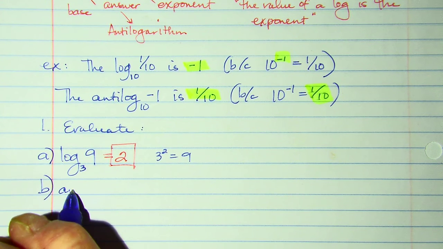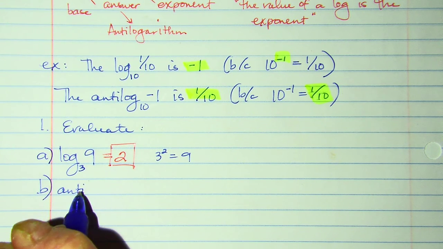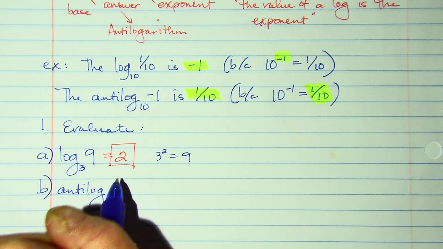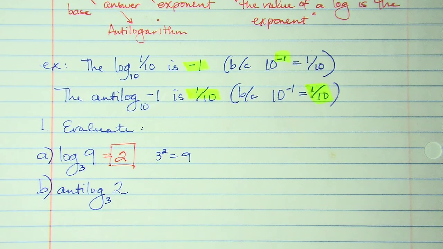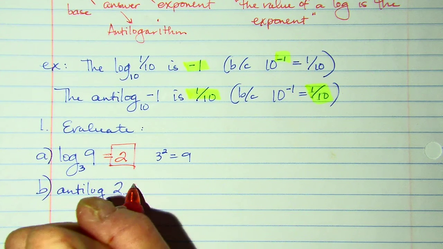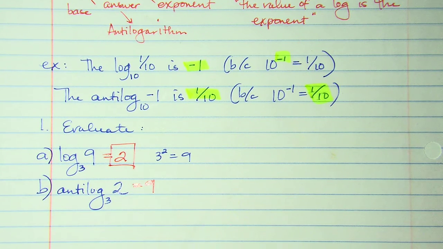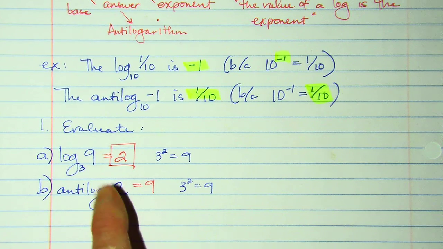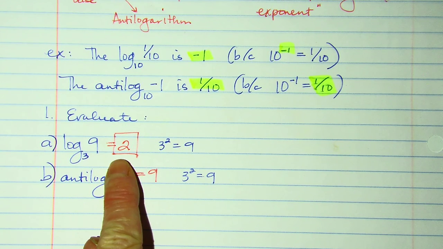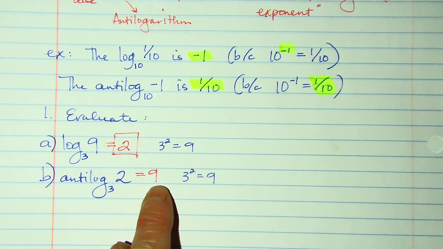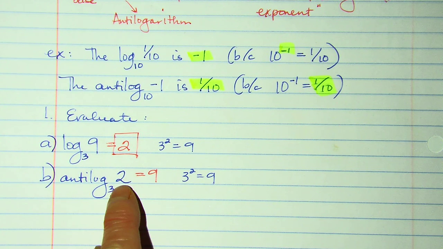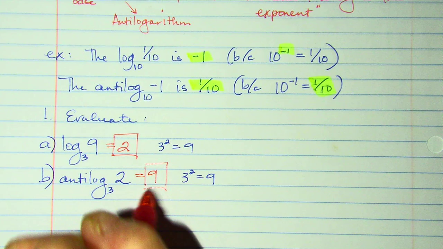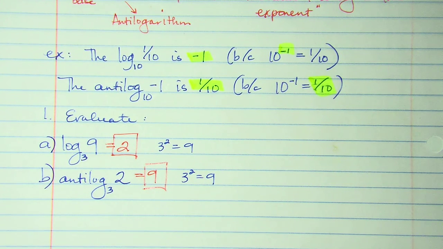So if I said, what is the antilog base 3 of 2, my answer here is 9 because 3 squared equals 9. So the answer to a logarithm is the missing exponent. The answer to an antilog is the actual answer of your base to that power. So I hope that helps you realize the difference.